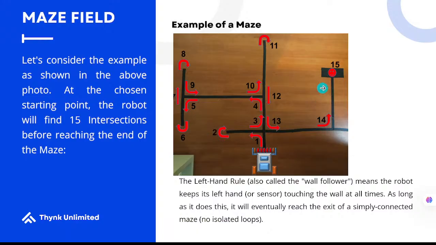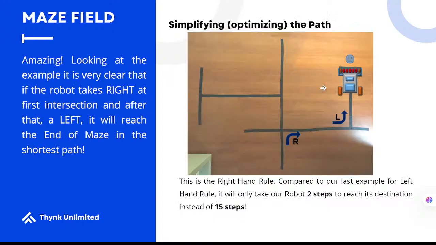But now we can combine left and right, so the robot will only go through two intersections, making two major decisions to reach the final destination. So let me explain. At this point, the robot should turn right. Then at this point, the robot should turn left. Then it will reach the destination.